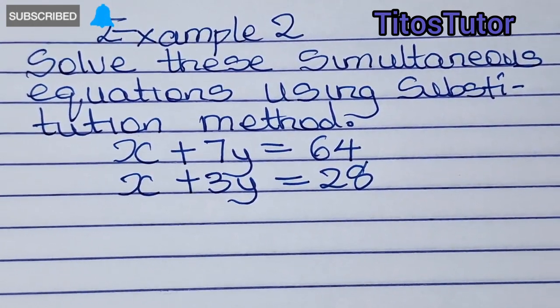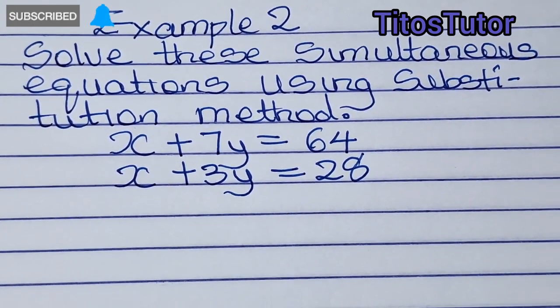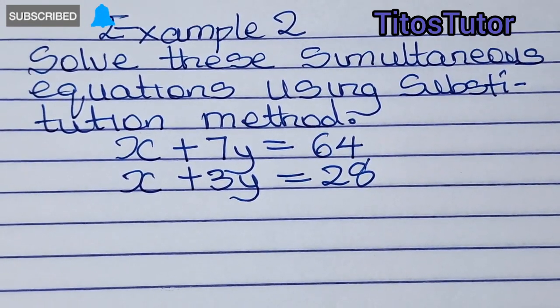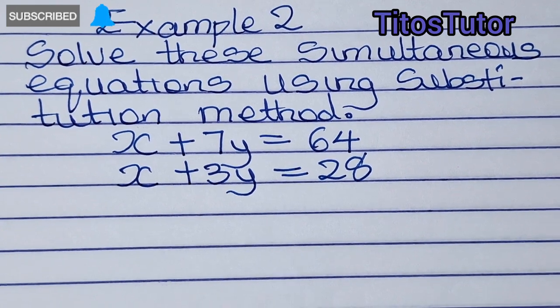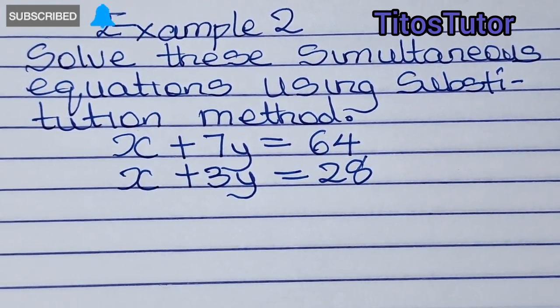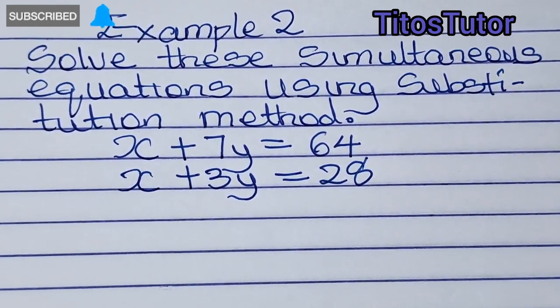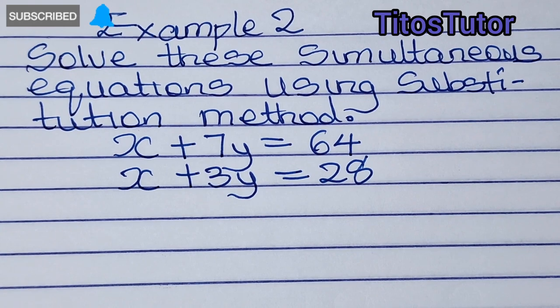All right, so let's go to example 2. Let's solve one more example using substitution method to solve simultaneous equations, so we can get ourselves familiar with how to use it.